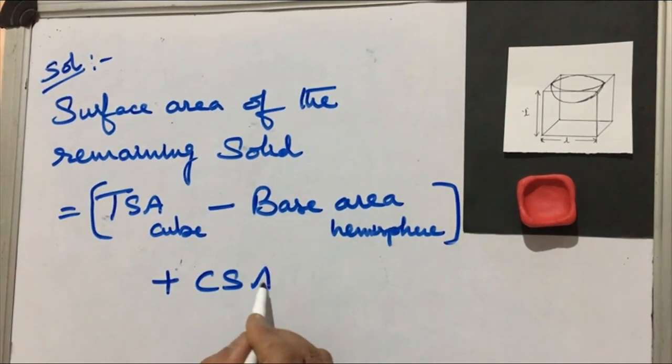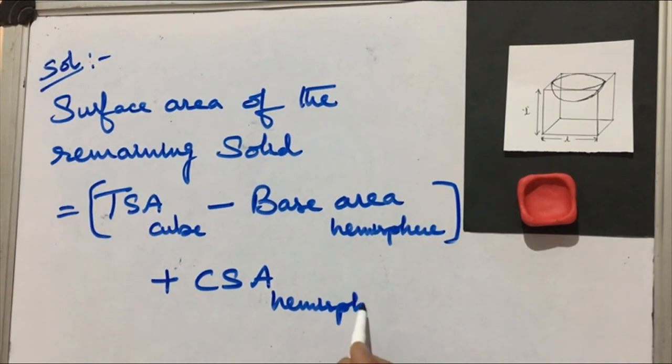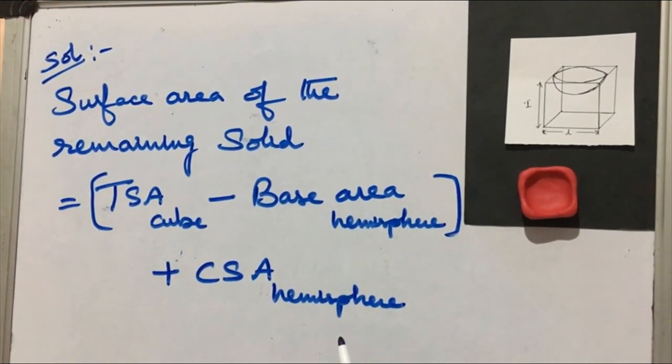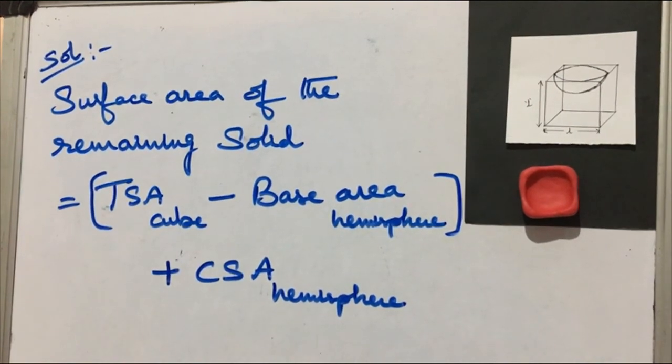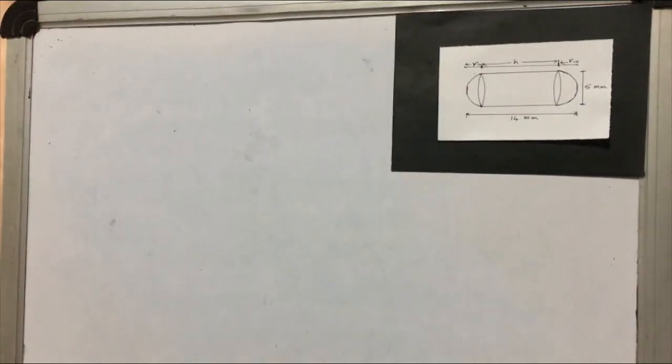CSA of a hemisphere. So, by substituting the particular formula and by simplification, you are going to get the final answer in square units.